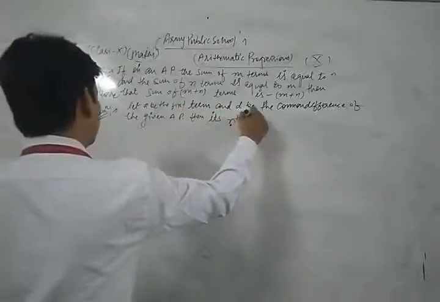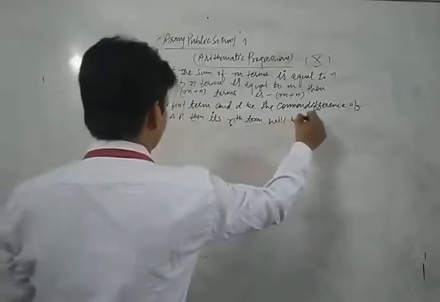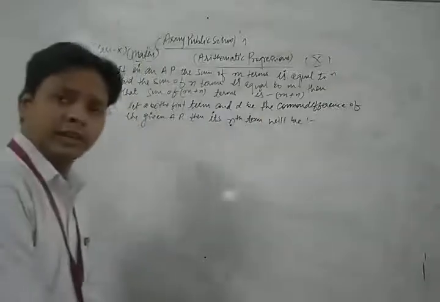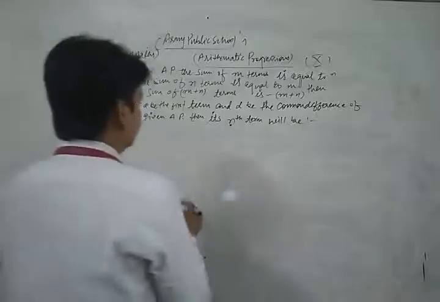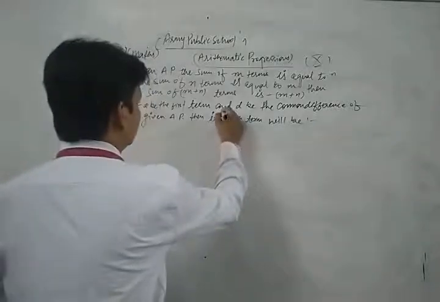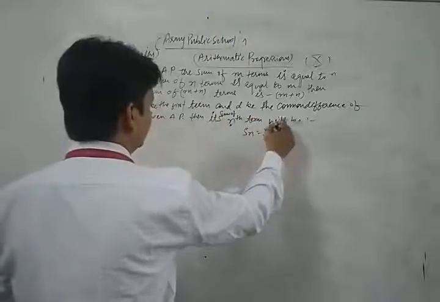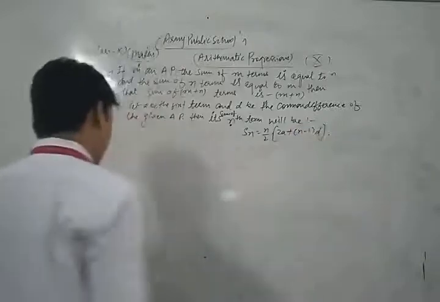Then its sum of n terms will be Sn equal to n by 2 in bracket 2a plus (n minus 1) into d.